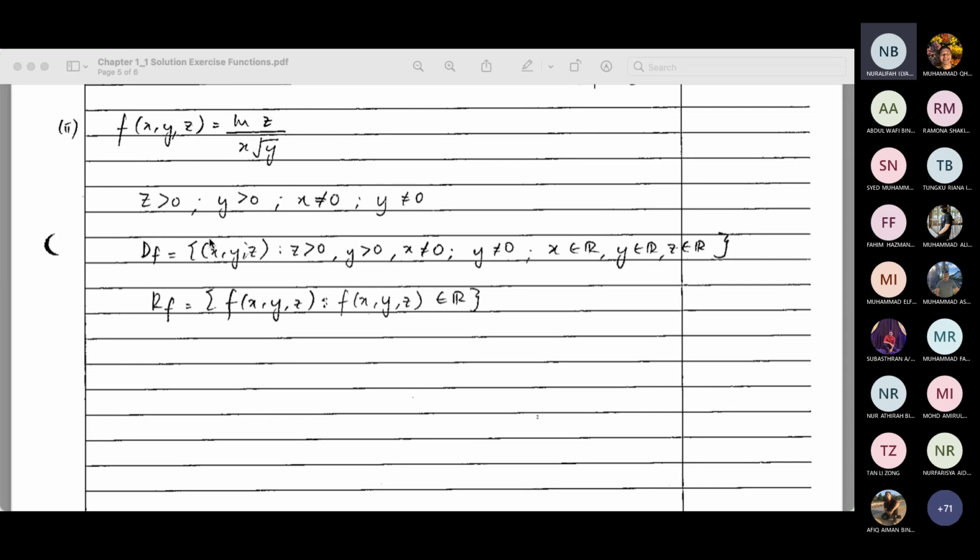So itu adalah dia punya domain. X, Y dan Z can take any real number dengan syarat X tak boleh sama dengan kosong, Y tak boleh sama dengan kosong dan Z dan Y must be greater than 0. Okay. Dan dia punya range adalah any real number. The associate range.